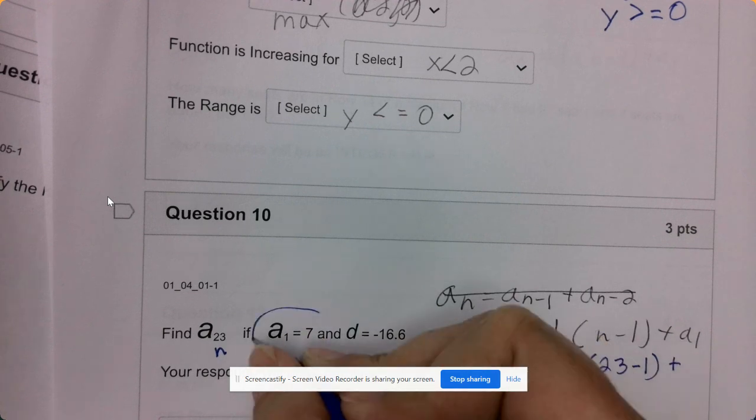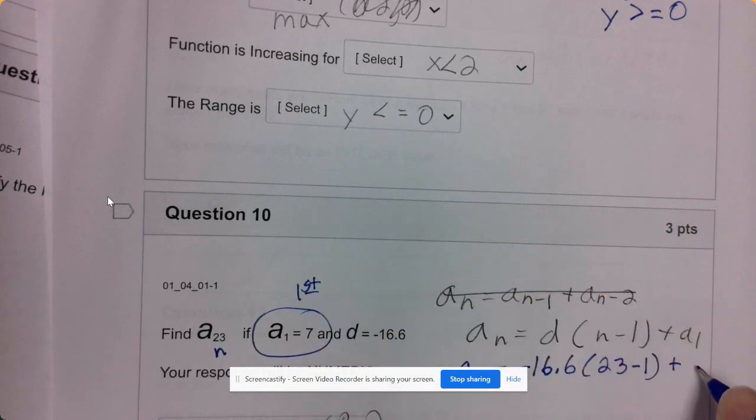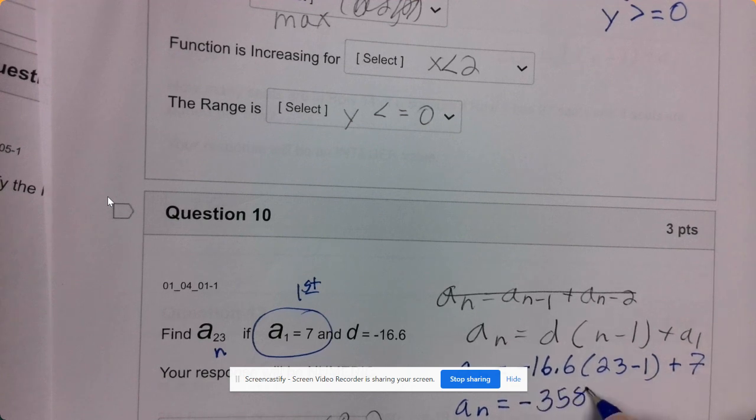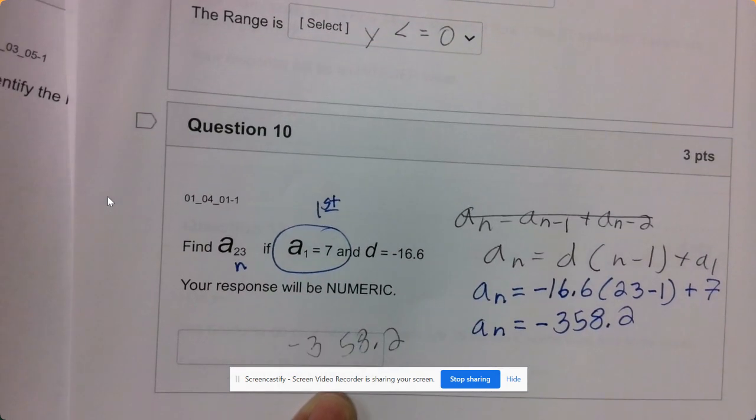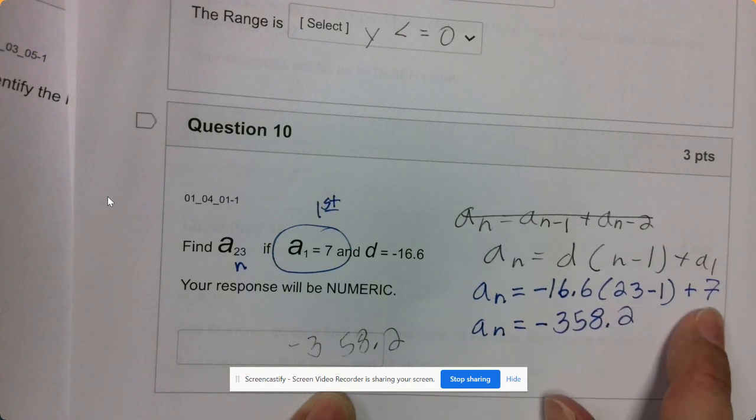Plus the first, everybody, A1 is the first. Plus 7. And then we just plug that in the calculator. So we get -358 and 2/10. Okay, so everybody remember this is difference, the number of terms, and then this is the first term. N is the number of terms.